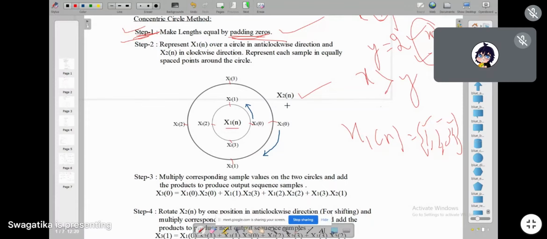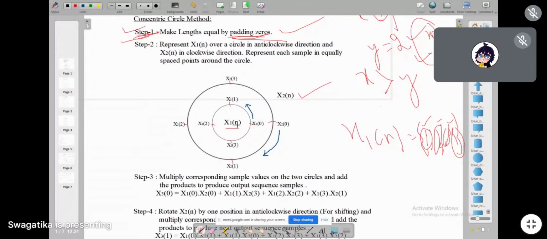Yes, ma'am. Samples means this one: 1, 2, 3, and 4. Okay. No matter how many samples are there, you have to make equally spaced points.